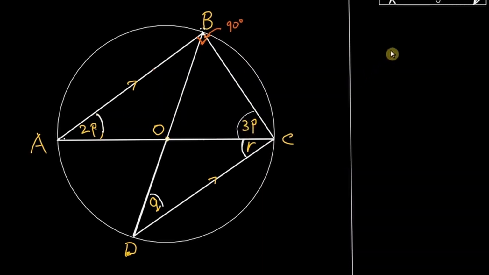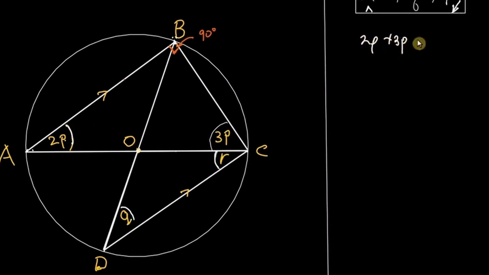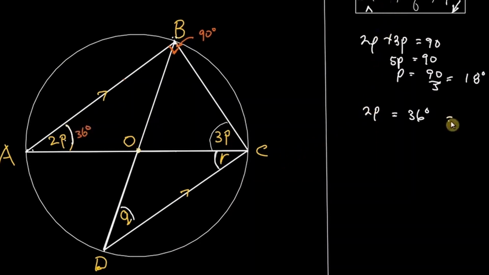So let's write that down. So we could have 2P plus 3P is equal to 90 degrees. Therefore, 5P is equal to 90 degrees, giving P is equal to 90 over 5, or 18 degrees. So therefore, 2P is equal to 36 degrees. Let's put that in. So that's your angle BAC. Let's just confirm that this is actually angle BAC.